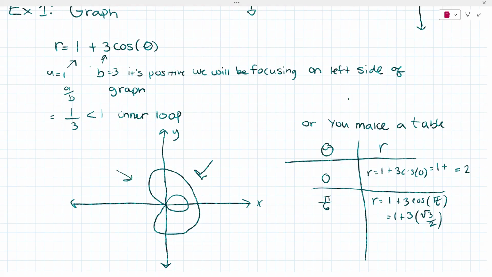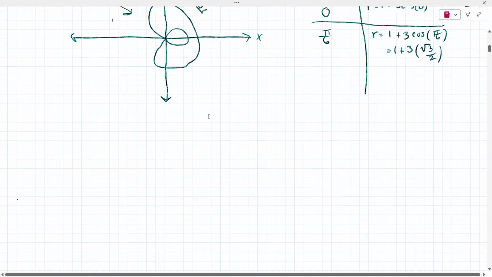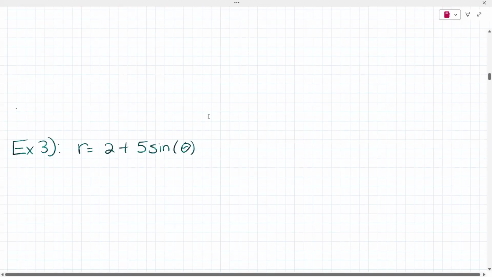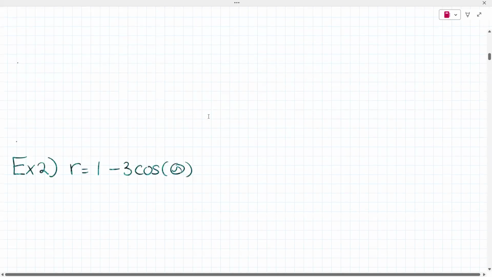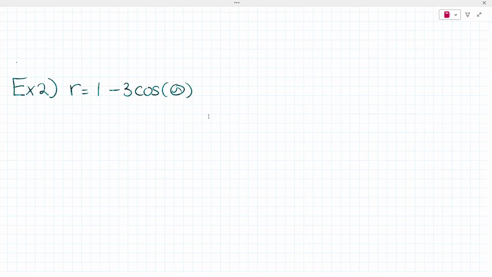Okay, let's move on to example 2. I'm not going to make a table on these examples because you should know how to do these. For example two, we've got to graph this. Our A value is 1 and our B value is 3, and then there's a minus right in the middle.